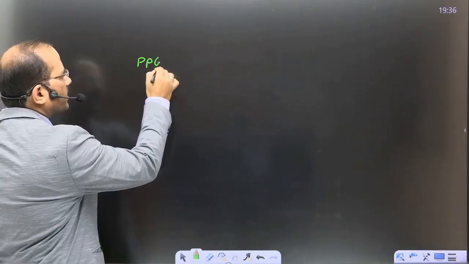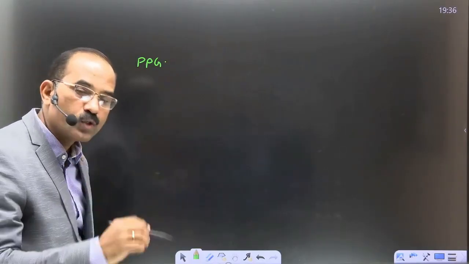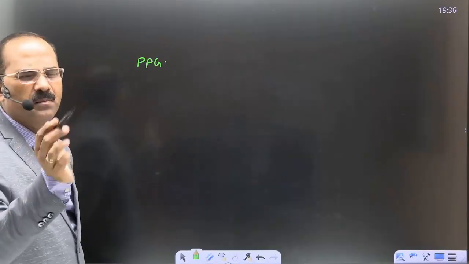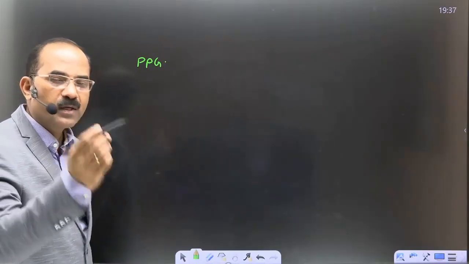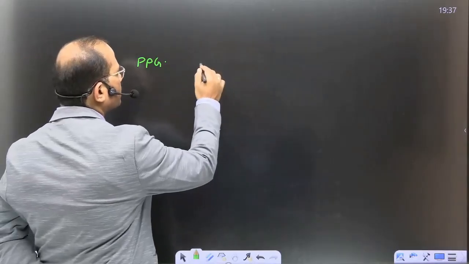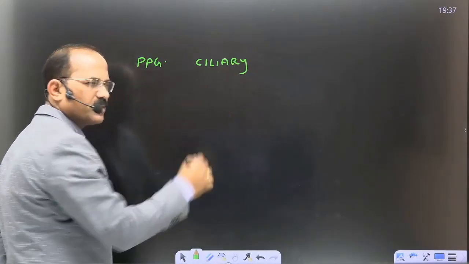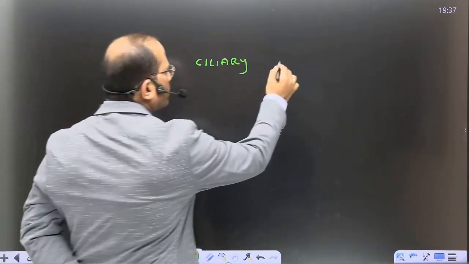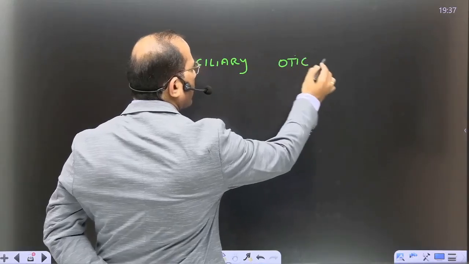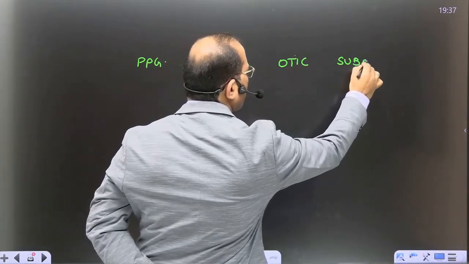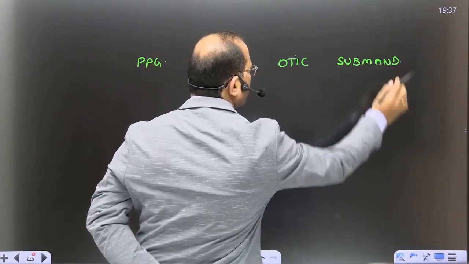Look, there are 4 ganglions. One is pterygopalatine. I'm writing in shorter. Pterygopalatine is also known as sphenopalatine. Same name. The second one is ciliary ganglion. We have seen this ciliary ganglion. Next is otic ganglion and the submandibular ganglion.